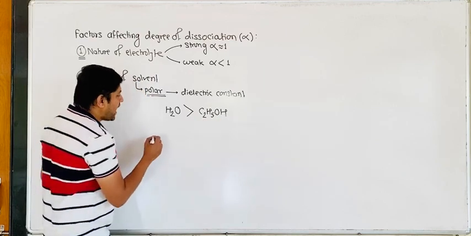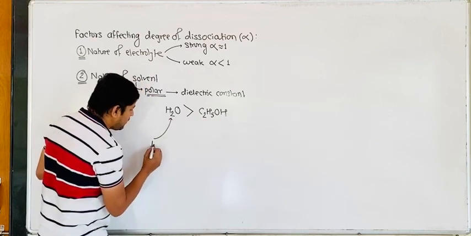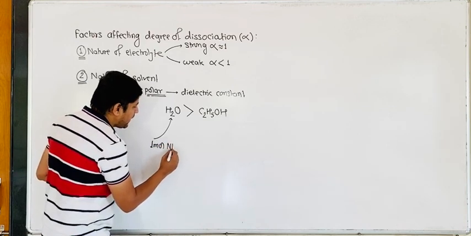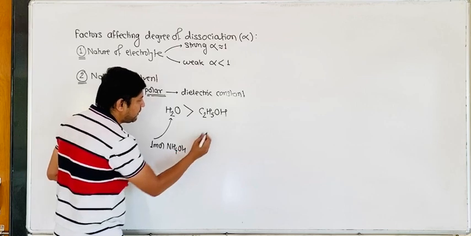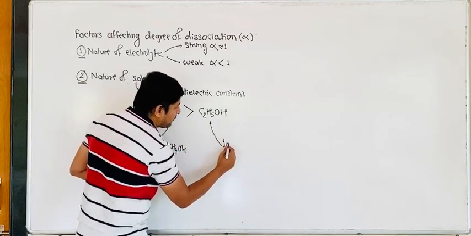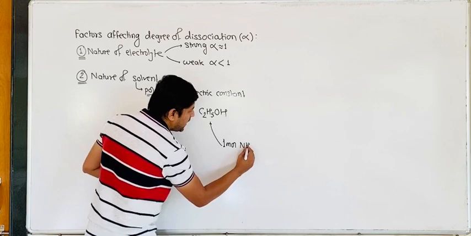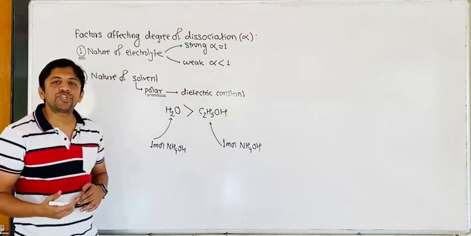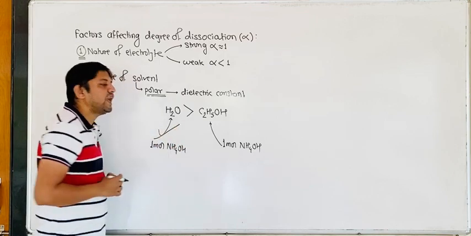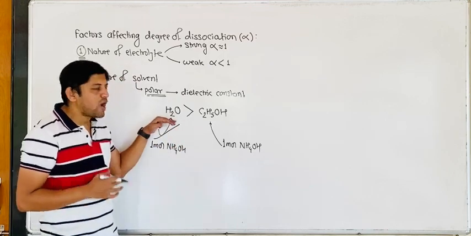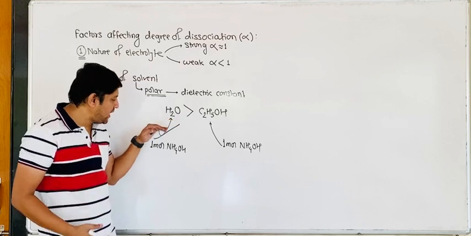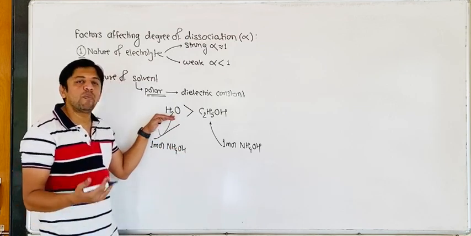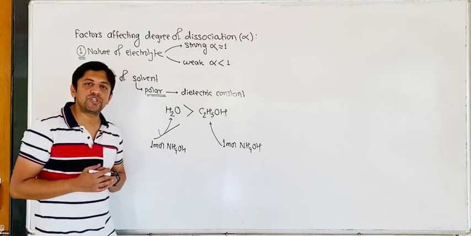So when we add 1 mole of a weak electrolyte, say 1 mole of NH4OH, in water and the same amount, 1 mole of NH4OH, in ethyl alcohol, the dissociation is more favored in H2O, because H2O has more tendency to solvate the NH4 plus and OH minus ions, as it is more polar than C2H5OH.